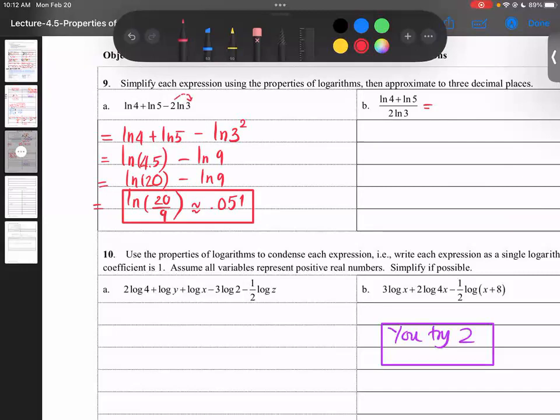I can combine the top. Look, ln of 4 plus ln of 5 is ln 20. Rewrite the bottom: I'm going to move the 2 to the top, so it becomes ln of 9.